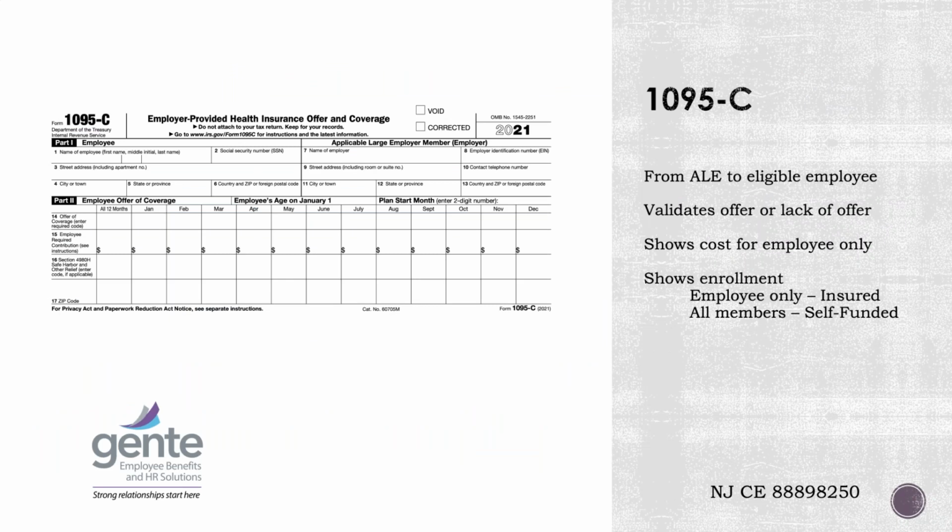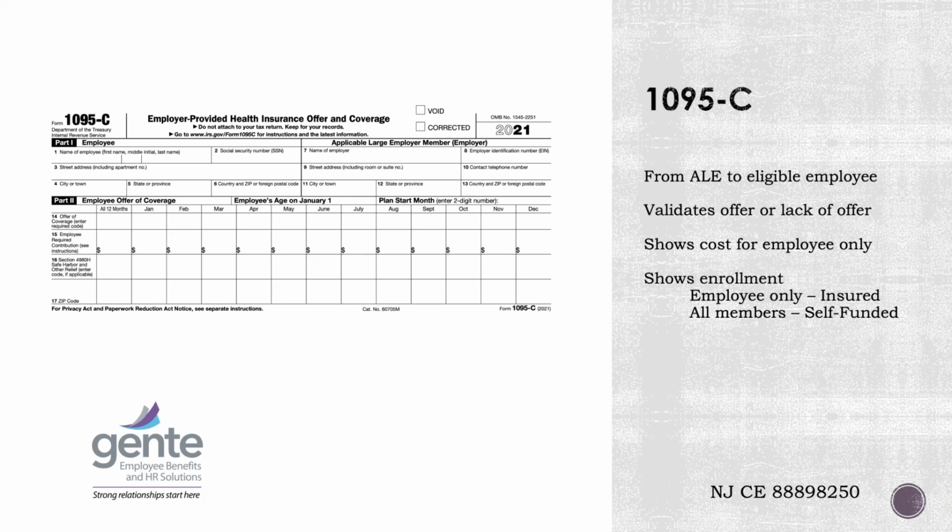So this is from large employers to their eligible employees, and it tells the IRS what the employer did. It shows if they offered coverage, what kind of coverage they offered, how much it would cost the employee, and it shows enrollment for the employee, and if you're self-funded, it shows it for all the dependents as well. This form has changed a little bit over the years.